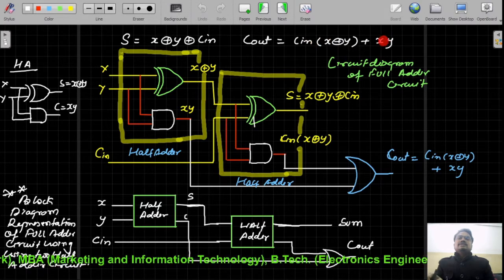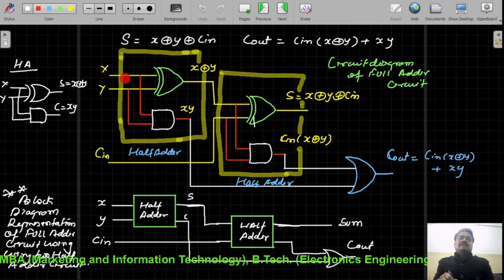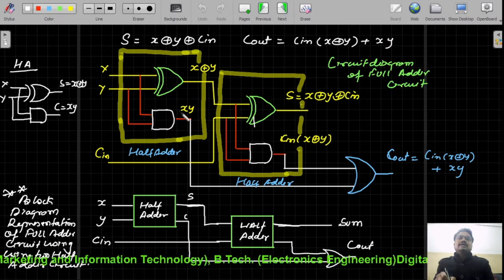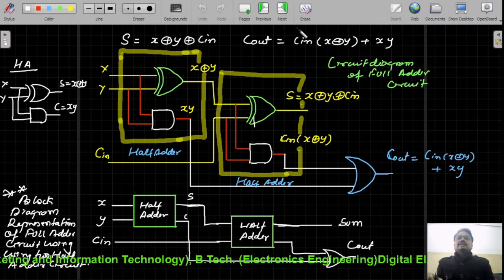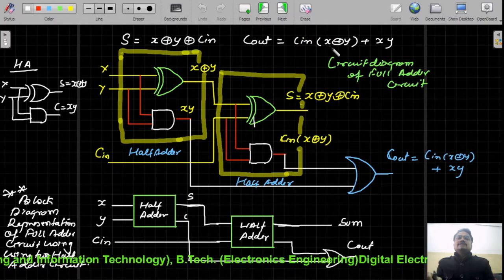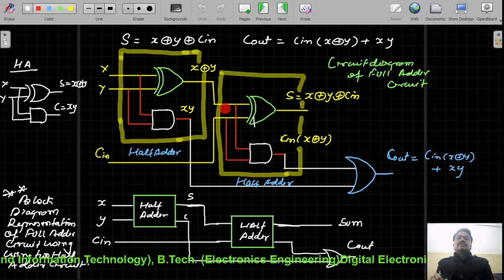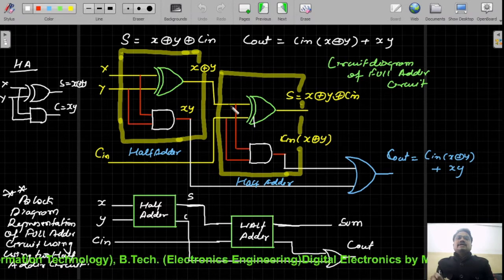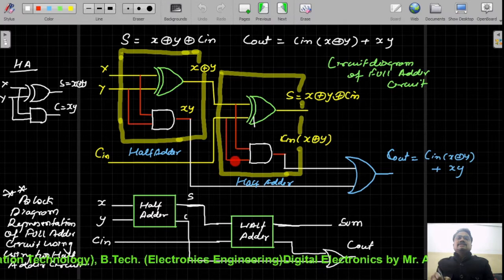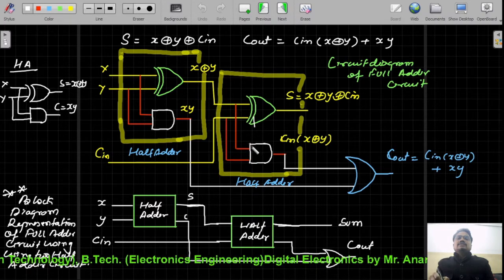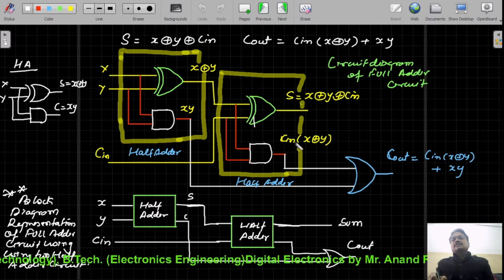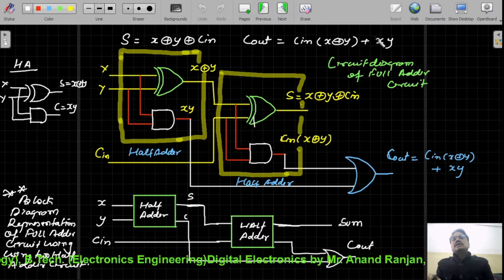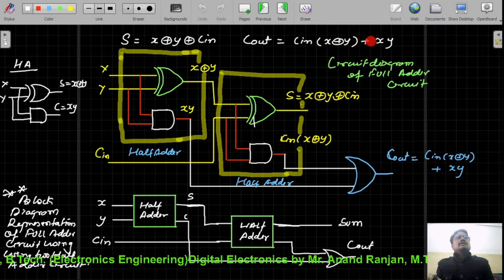The XY term can be obtained by taking the inputs X and Y and passing them through a two-input AND gate. The second term, Cin and X XOR Y, we get from here, because this is the X XOR Y line and this is the Cin line. If we pass them through a two-input AND gate, we will get the term Cin (X XOR Y). And finally these two terms are summed with an OR gate.